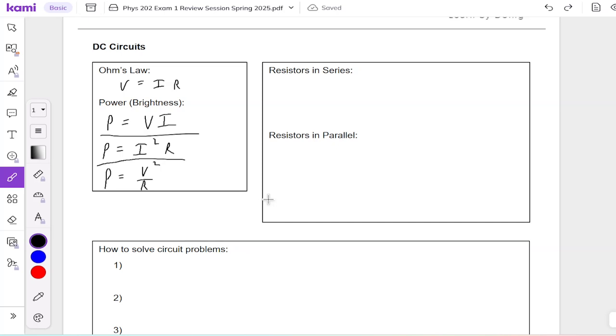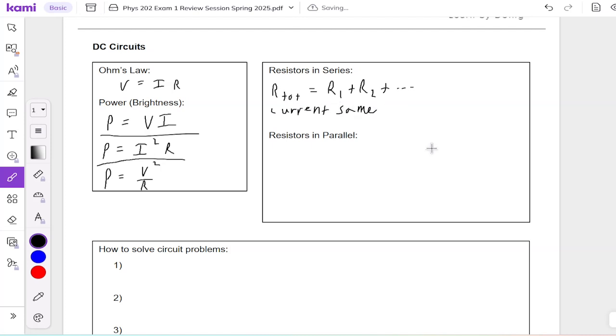which is resistors in series. First, if you want to add resistors in series, R total equals R1 plus R2 plus and so on, for however many resistors you have in series. You also need to know that for resistors in series, the current is going to be the same.